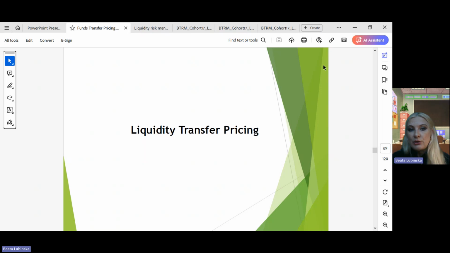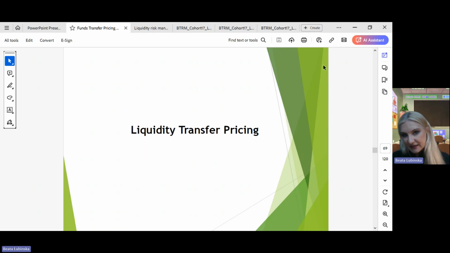So you are allocating your FTP as per normal process. Then at some point you also have to charge the cost of the liquid asset buffer, and this is done once a month. It depends on the practice, but once a month you are charging this. The finance department is calculating this cost and allocating it to the business units. So it is not included in the FTP rate.